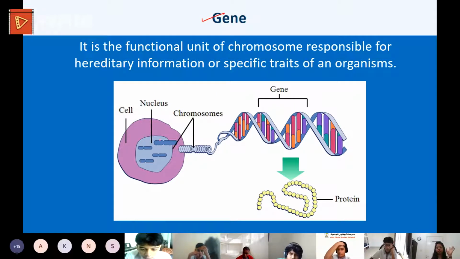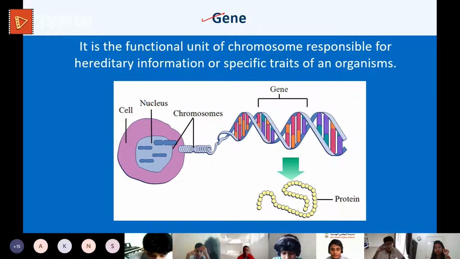Now another new term has come, gene. First of all, we came to know the chromosome from top to bottom is made up of DNA. Now, what is this gene? Gene is actually a small part of that DNA. This is the beautiful structure of DNA.